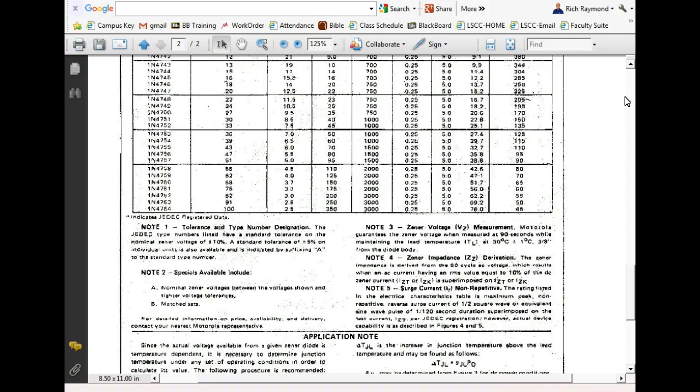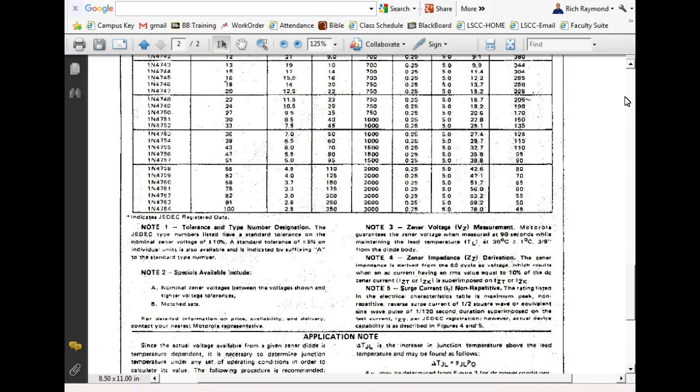Did y'all bring it up on Blackboard, or are y'all looking at it? I'm looking at note 1. I can read it on mine, so I'm sure y'all can read it on yours. Tolerances and type number designation. The JEDEC type numbers listed have a standard tolerance of the nominal Zener voltage plus or minus 10%.